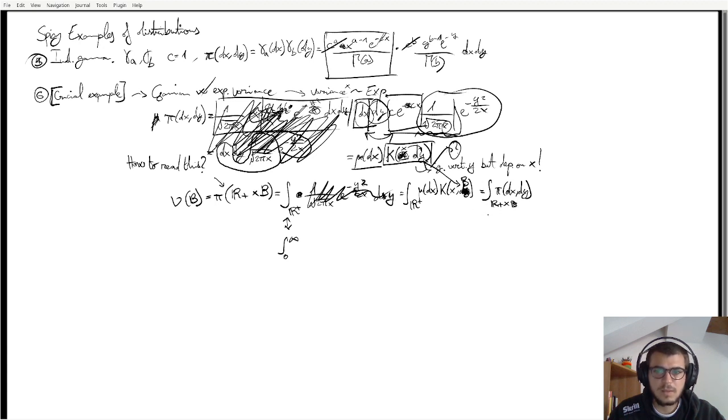It should be this before that, I think. R plus cross B, dx dy, and this should be the entire density. Yes, all this expression here, you put it here.